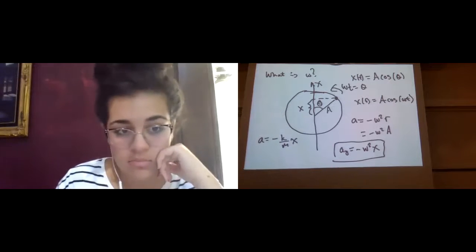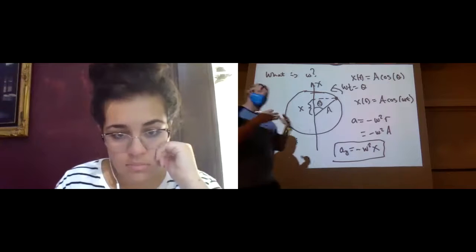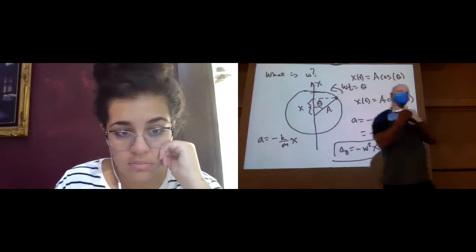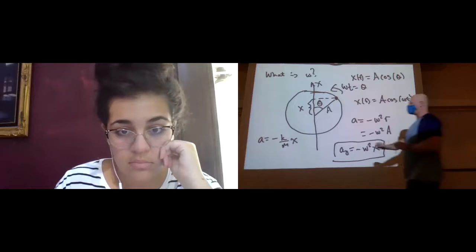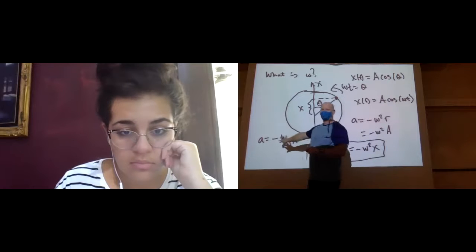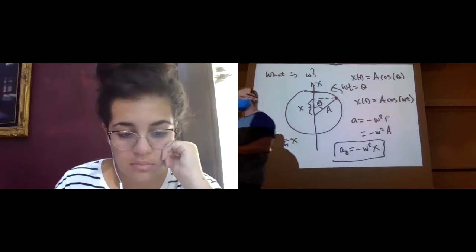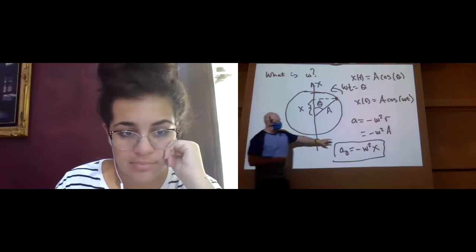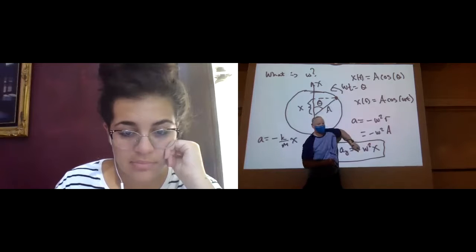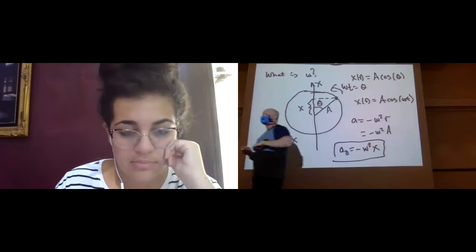So the point of all this is that for any physical system, the way we determine the angular frequency is to isolate the acceleration. You start off with the sum of the forces, set that equal to the mass times the acceleration, and solve for the acceleration. Once you have the acceleration, it'll be something times negative times the position.